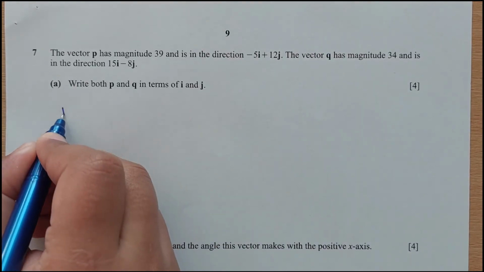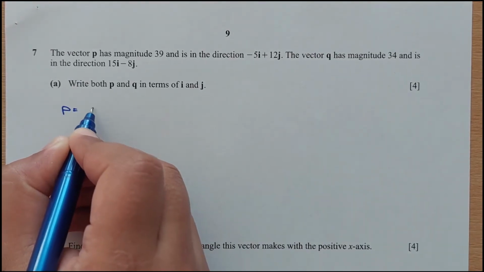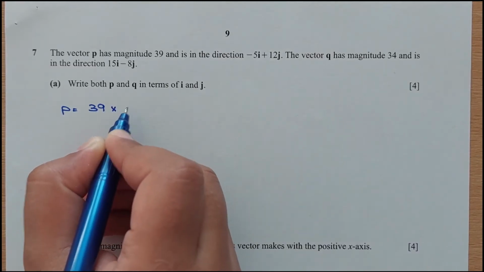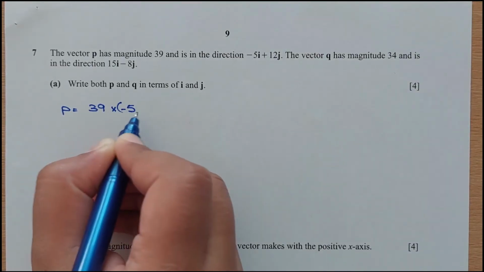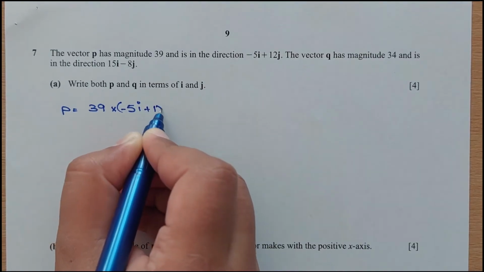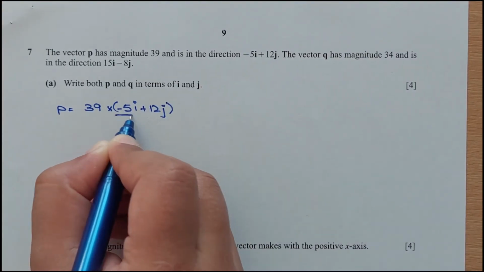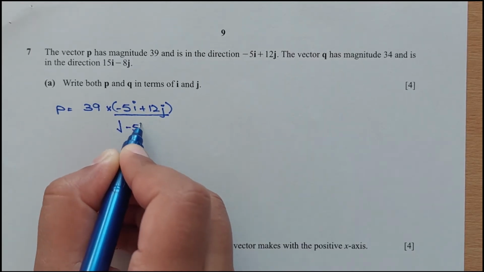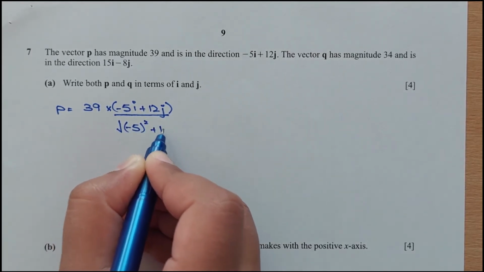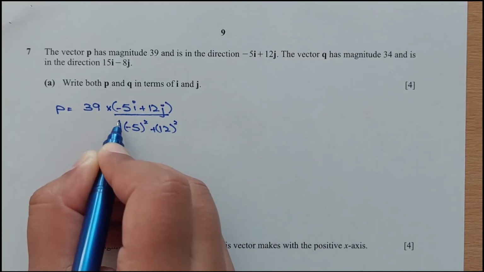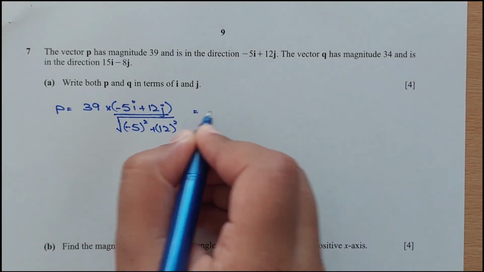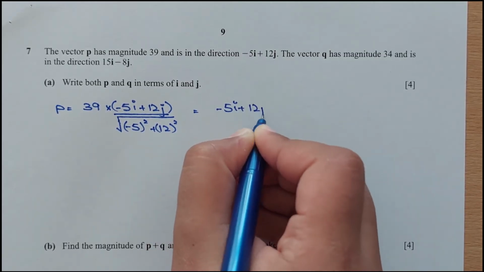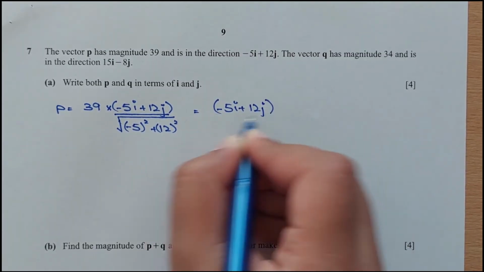So we can say that the vector p is the magnitude 39 times the direction, minus 5i plus 12j, divided by the magnitude of the direction, the square root of minus 5 squared plus 12 squared.